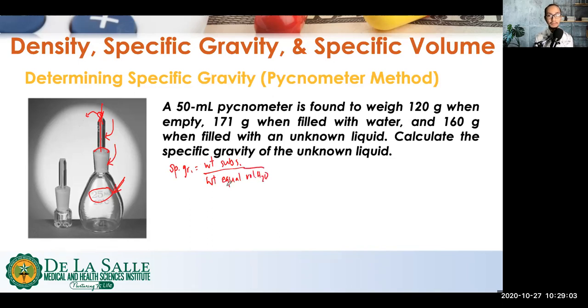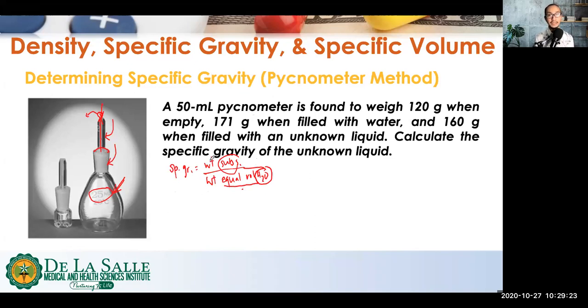So this is important: both the substance and the distilled water should have the same volume. By putting them in a pycnometer, you are assured that their volumes are the same. So, let's apply this formula in the pycnometer method.